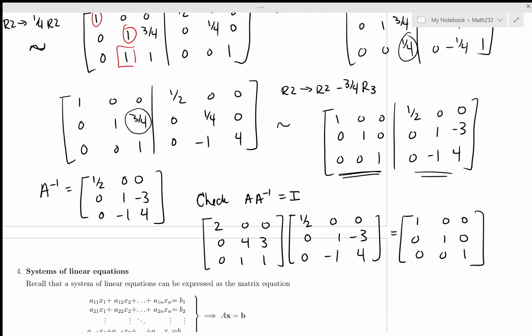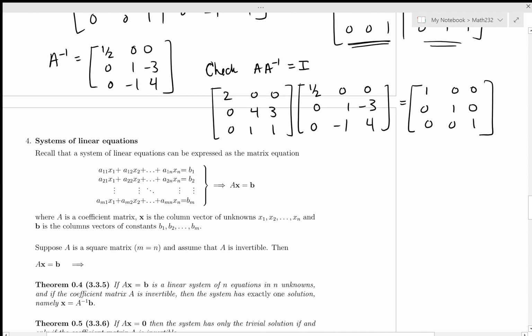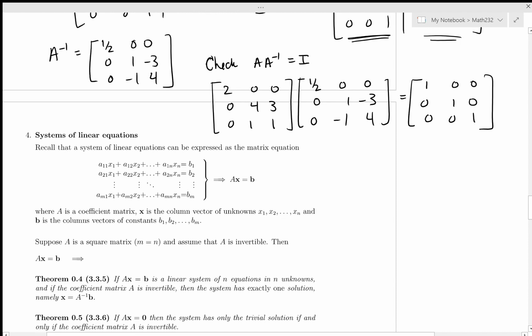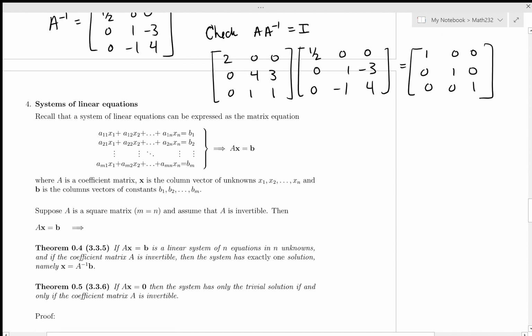Okay, so now let's take a look at this in the context of our systems of linear equations. We are able to write our systems of linear equations in this compact format. The coefficient matrix A times the vector x is equal to the vector b. This x is the column vector of the unknowns, and b is the column vector of the right-hand side of our equations.